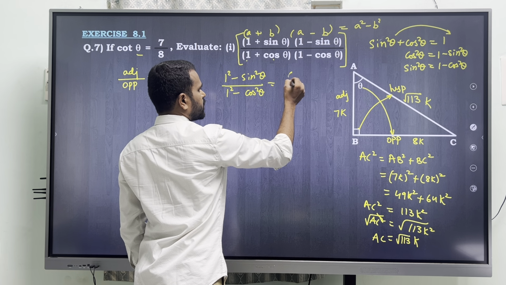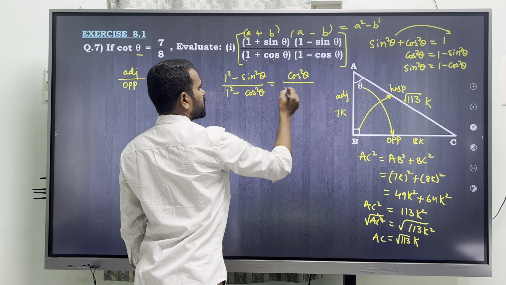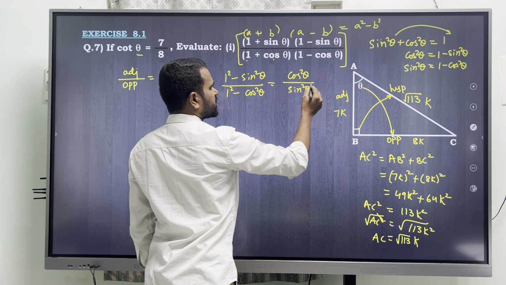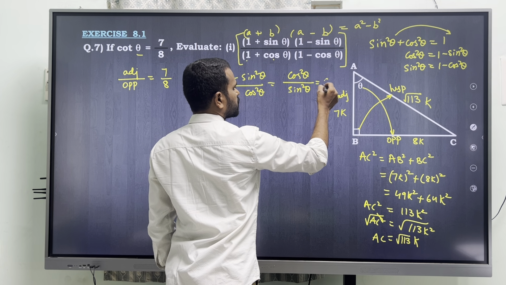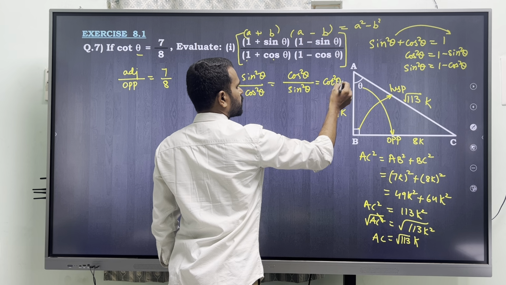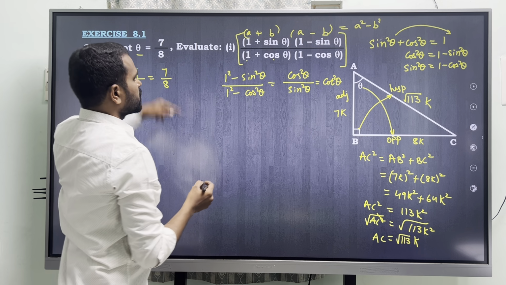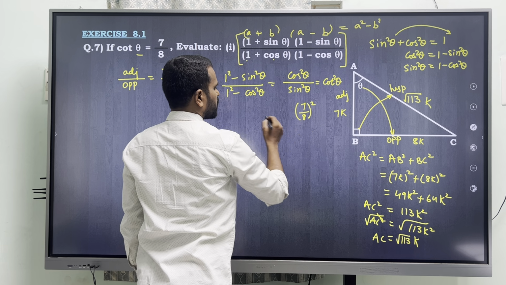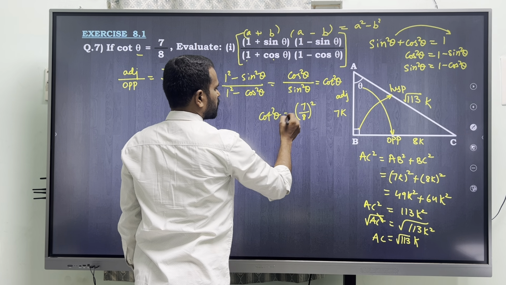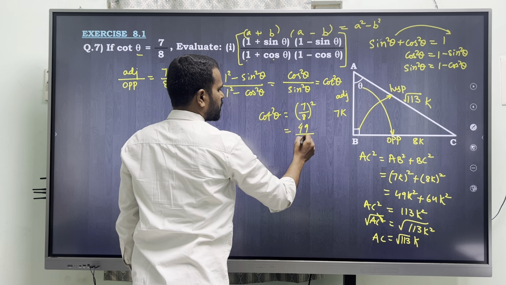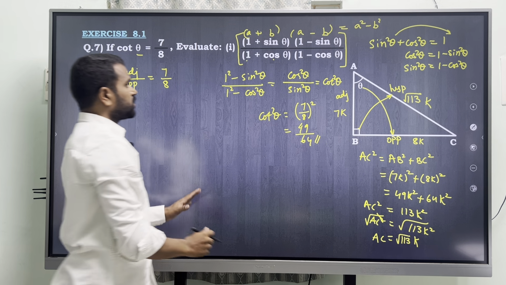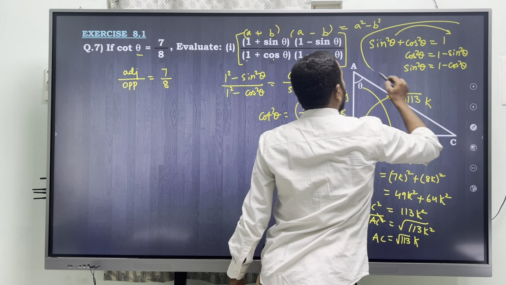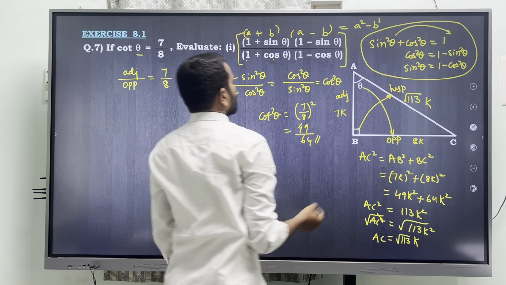Now 1 minus sin square theta is cos square theta, by 1 minus cos square theta which is sin square theta. So cos by sin is how much? Cot square theta. So cot theta is 7 by 8, so cot square theta is 7 by 8 whole square. So 7 7s are 49, 8 8s are 64. This is the answer.